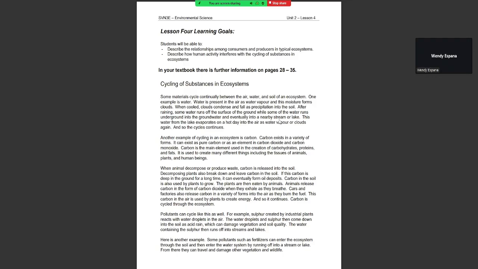When pollution gets into the atmosphere, whether it's through water, soil, or air, it can also be part of cycling of substances. If we have, let's say, sulfur being produced by a factory when it's burned, and it mixes with oxygen, it becomes sulfur dioxide.